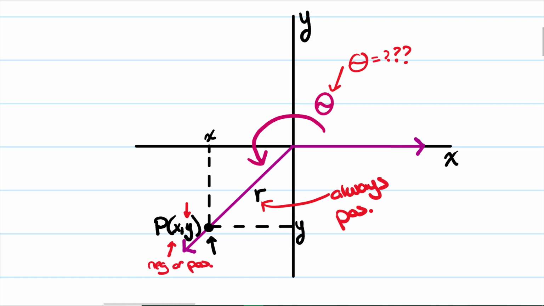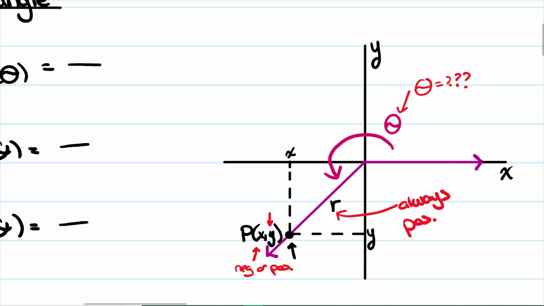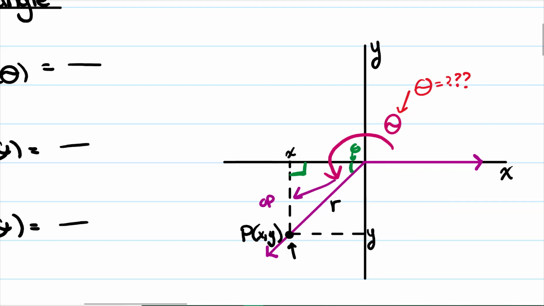So now I'm going to break this down into x's and y's instead of opposites and hypotenuses. So if I take a triangle and I put the right angle in right here, this would be my theta. This is the opposite, which is the vertical distance, which is y, and then this would be my adjacent, which is my x value.